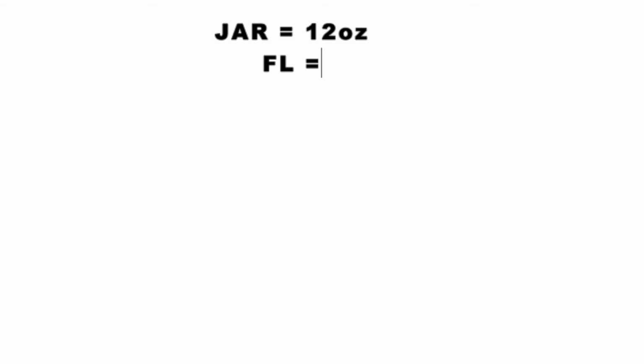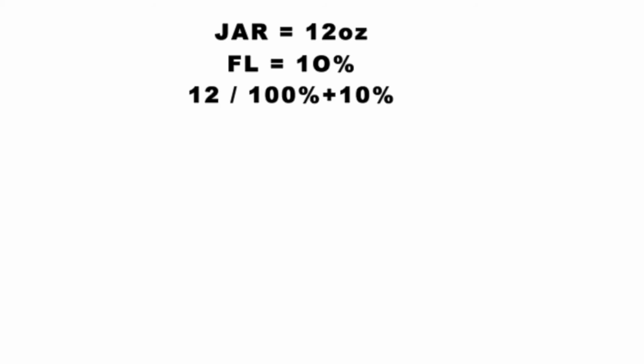Let's do another example. This time around, our jar is 12 ounces, and let's stick with a fragrance load of 10%. Everyone uses 10% these days. So what you want to do is 12 ounces divided by 100% plus 10%.